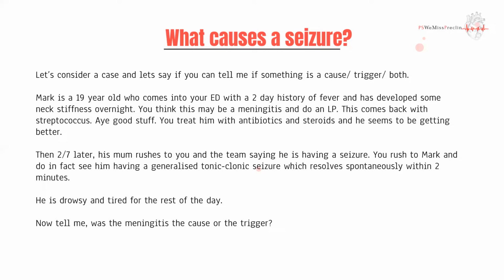And therefore, very commonly, the mom might come and ask you, hey, doc, the seizure that he had, does this mean he has epilepsy? And then you would say, well, mom, no, it doesn't. Because for it to be called epilepsy, firstly, you need to have 2 or more unprovoked seizures, and he's only had one so far. So that's one thing. And secondly, he has meningitis.